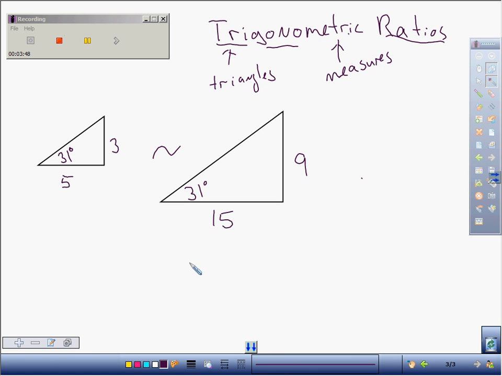And so what somebody figured out is that when this angle is 31 degrees, the ratio of this side to this side is the same, right? This over this has to equal this over this. This angle is always going to be what? The same. It's always going to be the same, okay? And so then people discovered that I can use this.